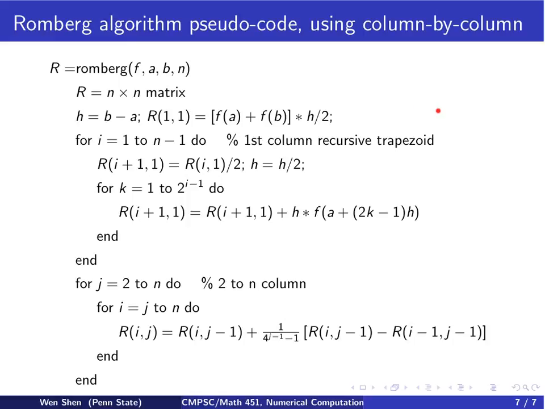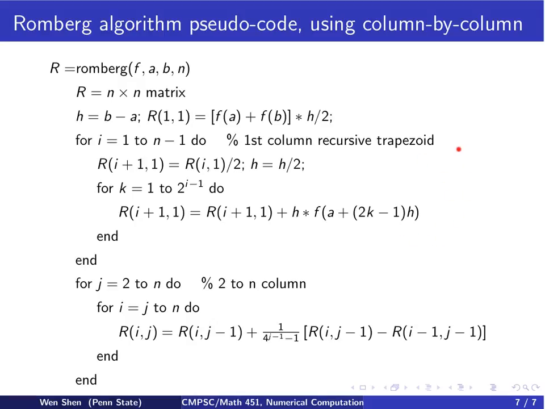First, you generate the first column of your Romberg triangle using the recursive trapezoid. The next level copies the first one, and then you halve h, the interval size, and then you add up all those newly inserted points to make the code more efficient.